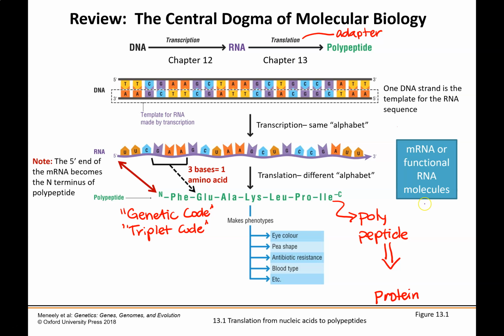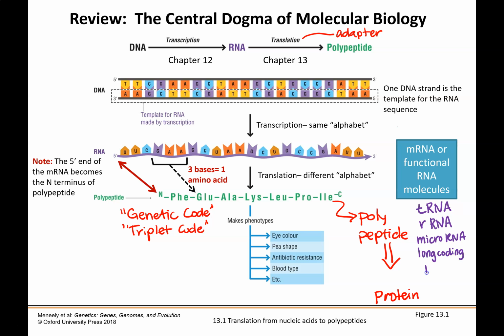These include some things that you're probably already familiar with, such as transfer RNA or ribosomal RNA, but it can also be regulatory molecules, such as microRNA or something called long noncoding RNA.